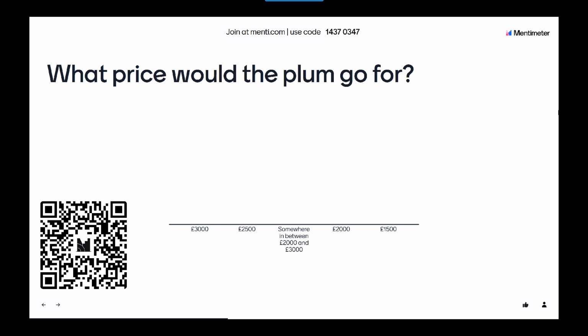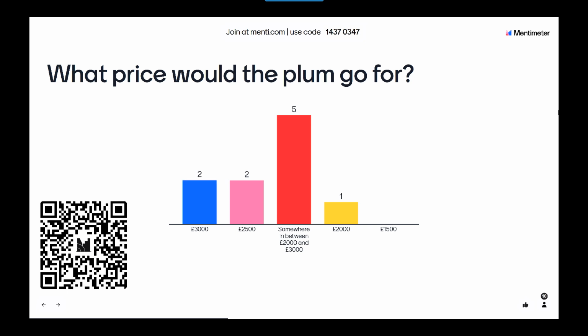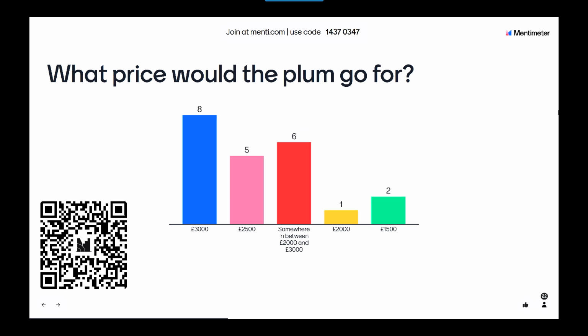$3,000 is the buyer's valuation of the plum. $2,500 is the seller's valuation of the plum. This is between the two. That's the buyer's valuation of the lemon, seller's valuation of the lemon. And the answer is indeed 3,000 pounds.